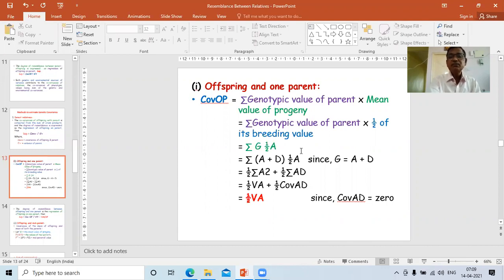It is equal to the sum of the genetic value of the parent and mean value of the progeny. ठीक है? Genetic value of the parent and mean value of the progeny ये आपके पास available है. So genetic value is equal to again genetic value of the parent and half of its breeding value. That means a mean. I was talking when we were taking the classes of the breeding value.